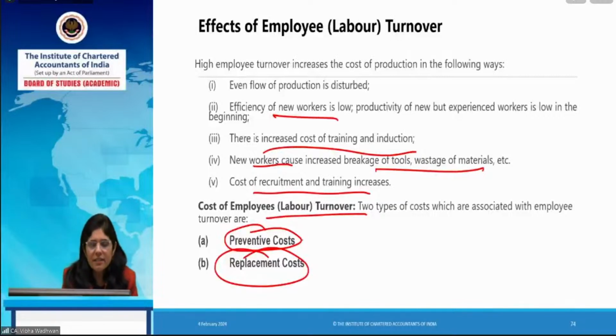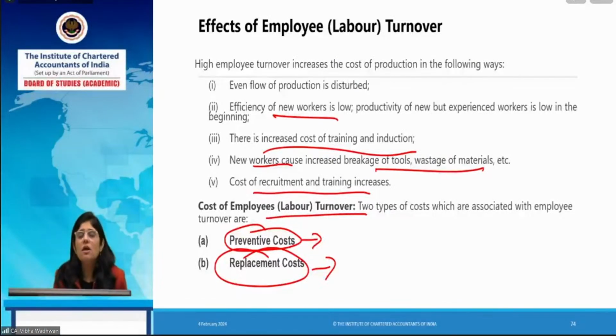So preventive cost is incurred on old employees and replacement cost is the loss due to the separation or the increased cost on new employees. Clear? So I'll repeat, preventive cost is what is incurred on old employees, and replacement cost is for the training of new employees, and also the loss of production and the wastage and the breakage which they do.